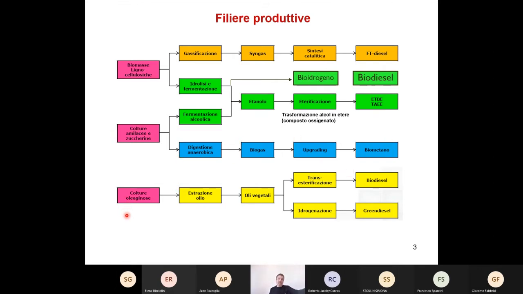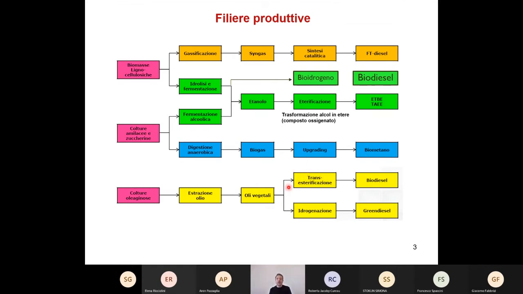So let's go into detail on this chain. Starting from the first pathway, you can see seeds, biomass seeds, from which you can obtain vegetable oil. You extract this oil and you can transform it through a chemical process, transesterification. We will see in this lesson all these pathways in detail.